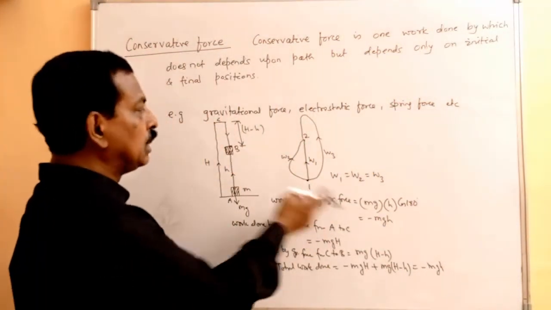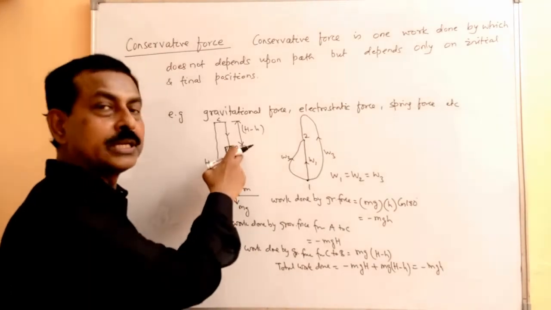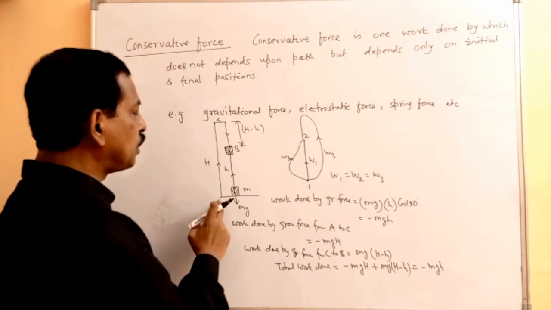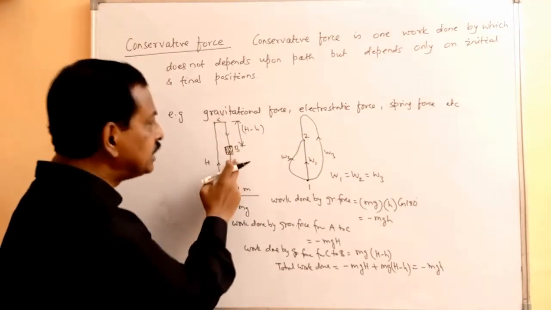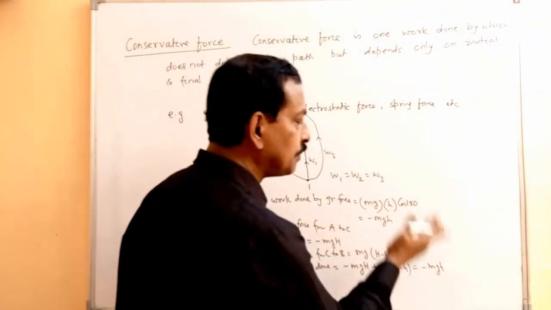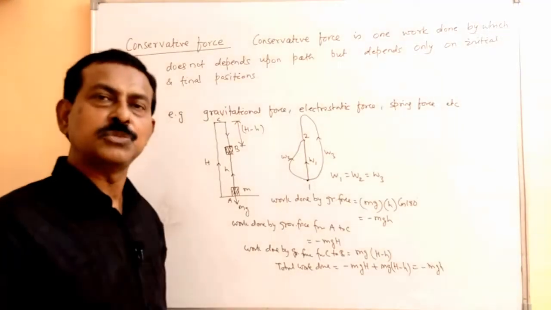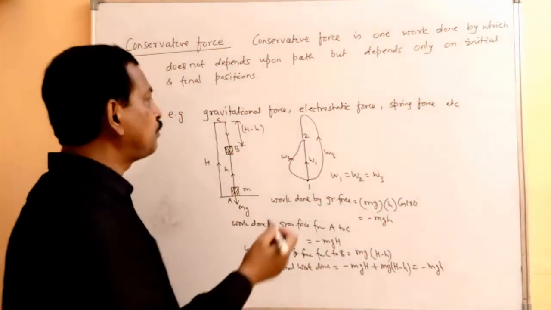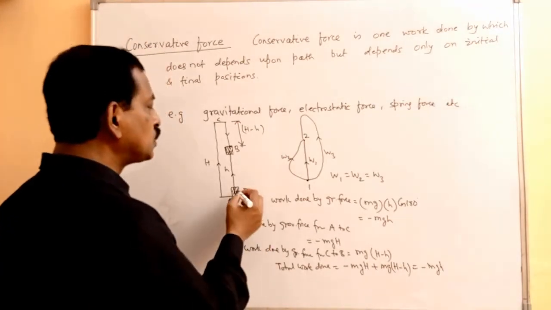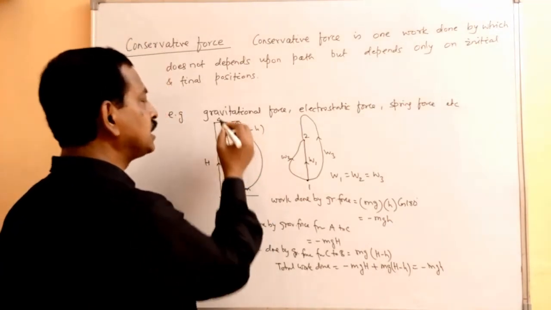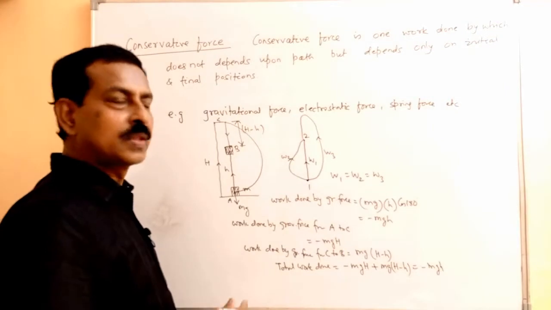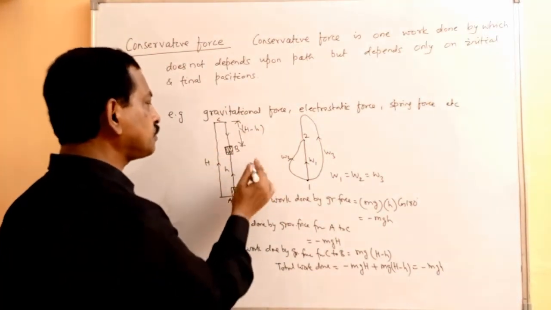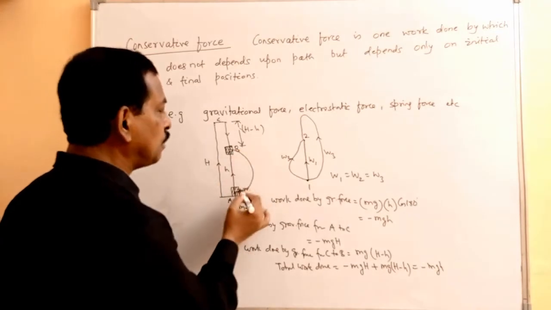So when we moved from A to B, the work done was minus mgh. Here also, when we moved from A to C and then brought it back to B, the work done is again minus mgh. Or suppose this body is moved along a path like this, from point A to C, like this one.